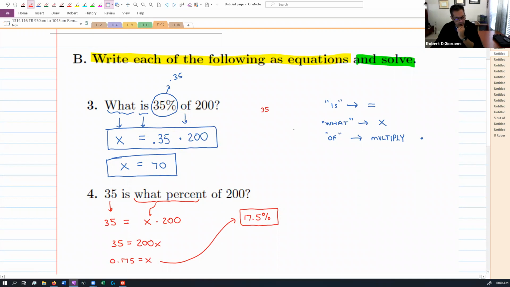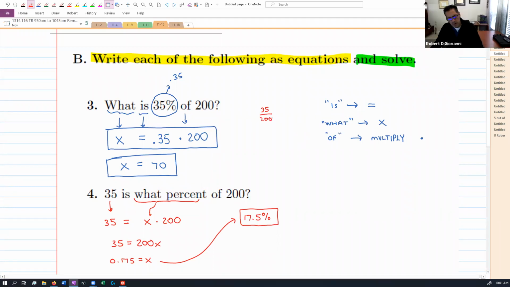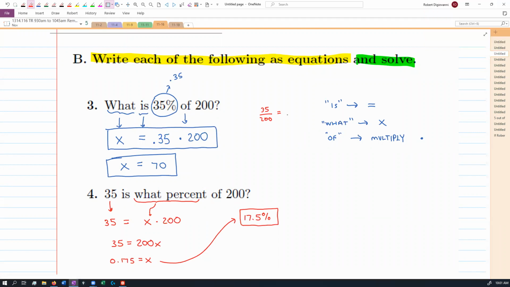I got the same answer there, but now I'm seeing that I might have done that one wrong. But I got the same answer as you somehow. Okay, so hold on. You did 35 over 200 and then equals what? Yeah, I think I did 35 over 200 equals X over 100.